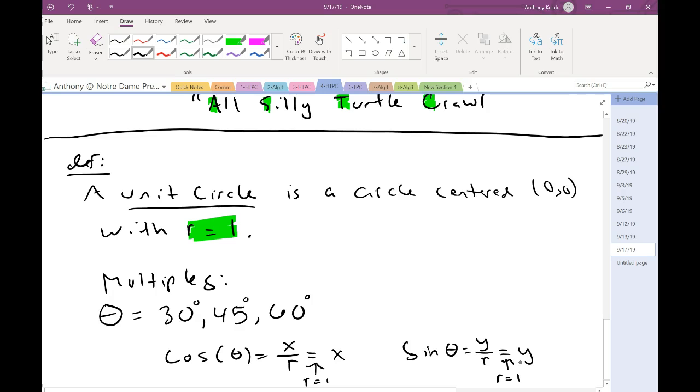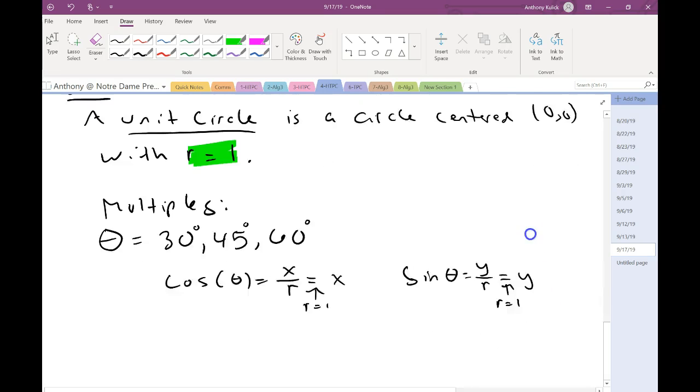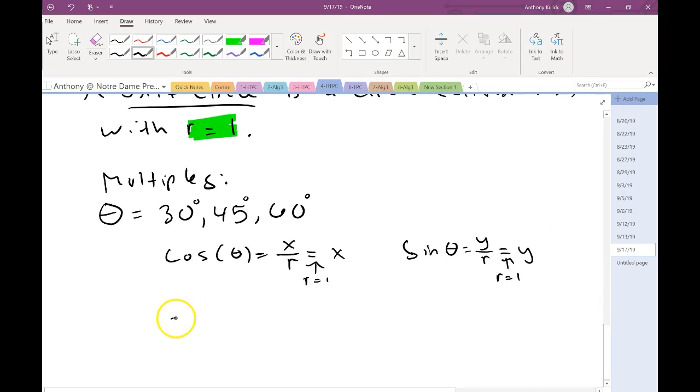Is everybody okay with that idea? And similarly then, secant would become 1 over x, and cosecant would become 1 over y. Everybody's okay with that? All right.